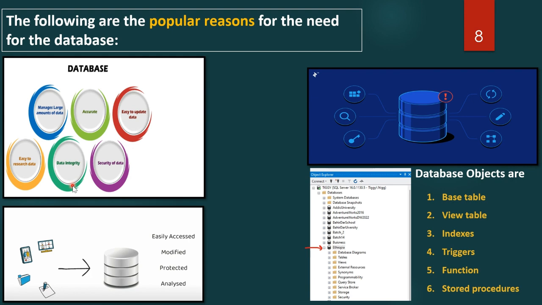Data integrity. This is pretty much like police, right? When you create a table inside this database, let's say one of the columns needs to be integer only. Once you define that column to be integer, you cannot enter text.